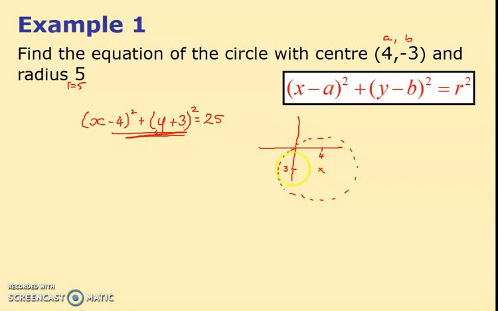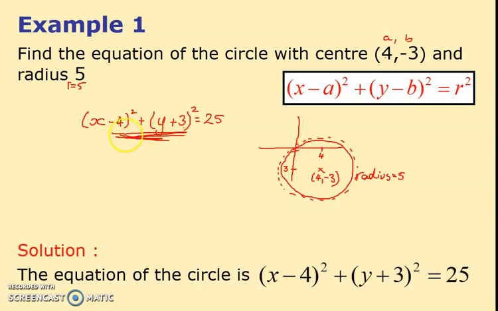That would be 5. I'll let you have a think about why. But this is my circle, though. It's not my best circle I've ever drawn, but you get the idea. And its centre is at 4, minus 3, and its radius is 5. But notice the question didn't want me to draw it at all. I just showed you that because I was keen.